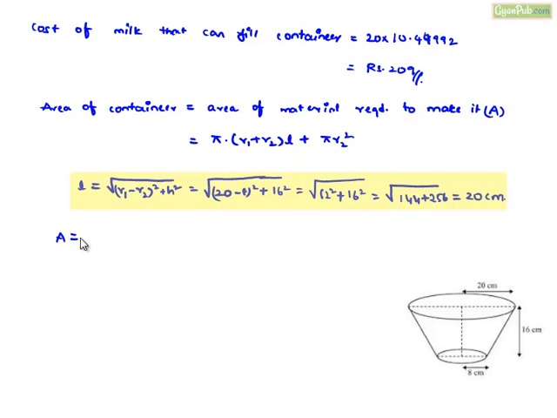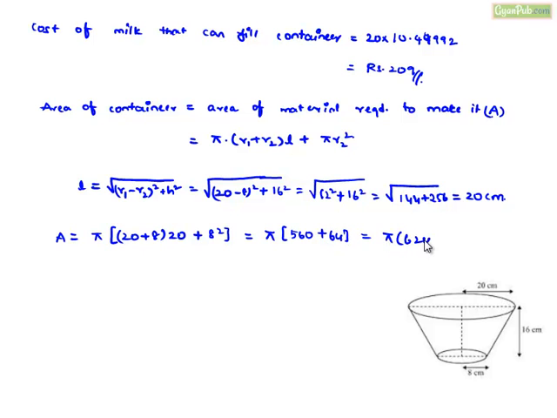So now area of the material required will be equal to pi, let us take common, then it will be (r1 plus r2, 20 plus 8) into L, which is 20, plus pi into r2 square, here we need only r2 square, that is 8 square, which is equal to pi into (20 plus 8 is 28 into 20 is 560 plus 8 square is 64), which is equal to pi times 624, but we have the value of pi as 3.14.